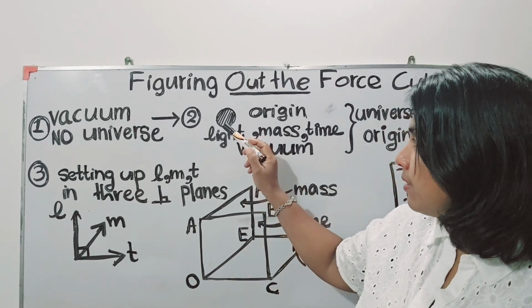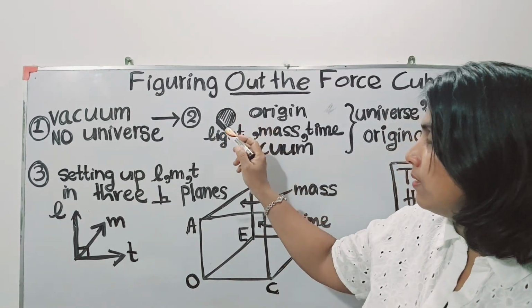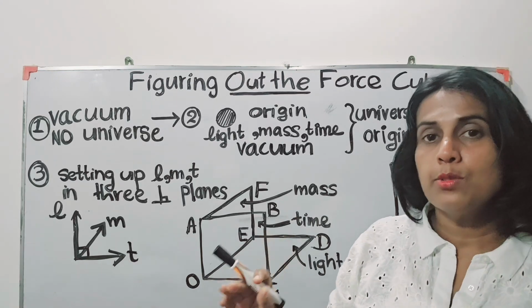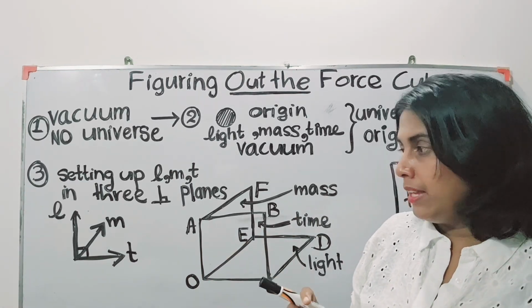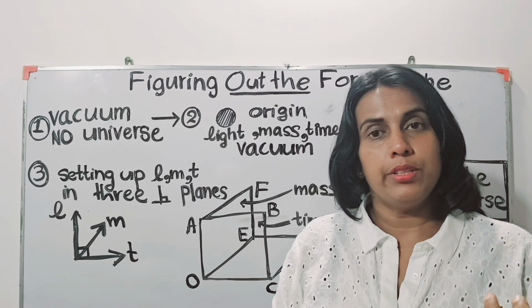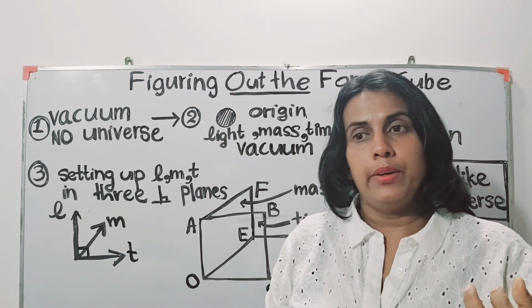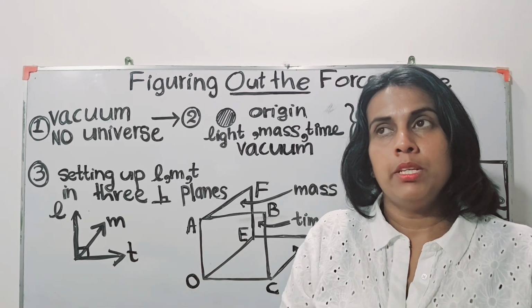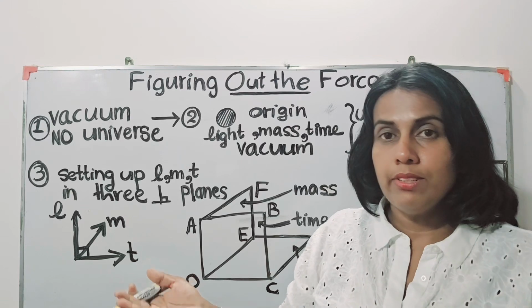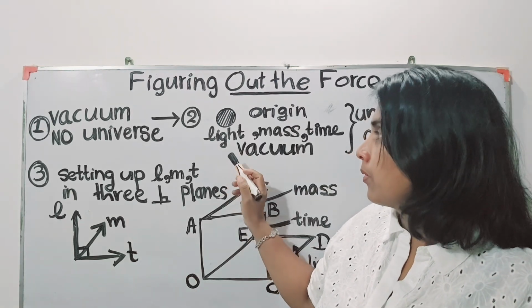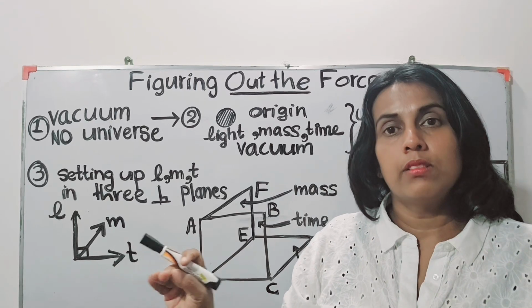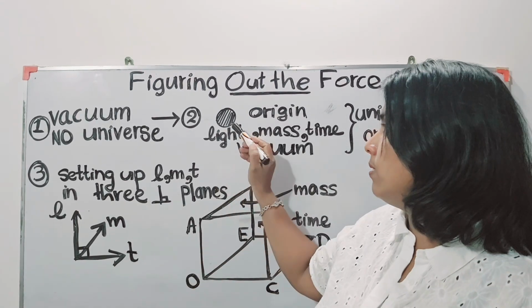Because after this creation, this origin exists for boundless time in the universe, and then when it is fully matured in the universe, that means when the whole universe is created, the whole universe knows about this.